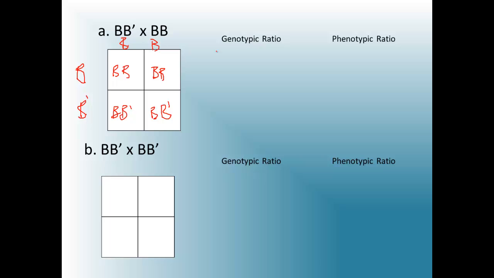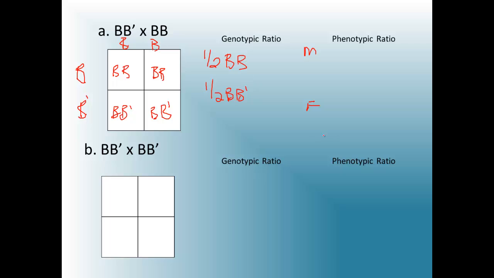Alright, my genotypic ratios are going to be the same. The change is going to be over here in the phenotypic. So I have 1/2 big B, 1/2 big B prime. Okay, so then over here I have to write an M and an F for male and female. Do I have any big B primes?